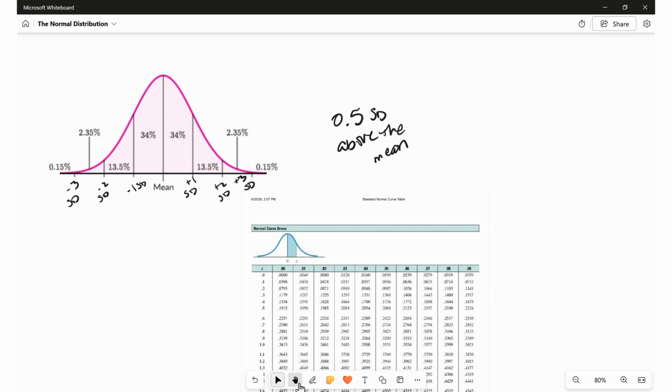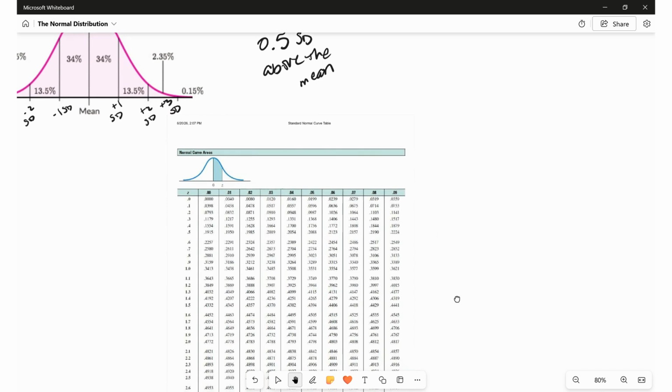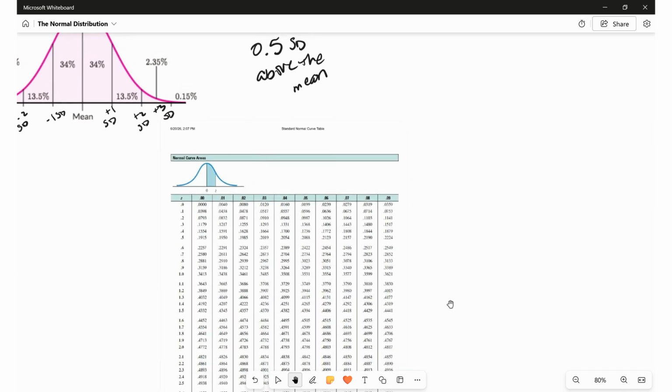And when we have the z-table here, and let's say that we do want to find the area, okay, because we're looking for the area that is half of a standard deviation above the mean. Well, what we want to do then, okay, is find the intersection of 0.50. Okay.